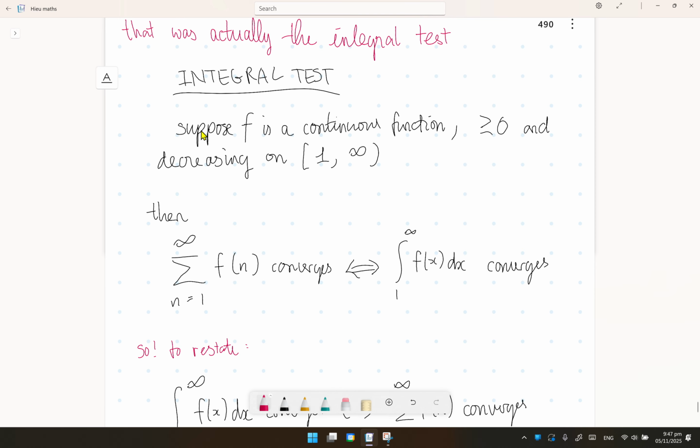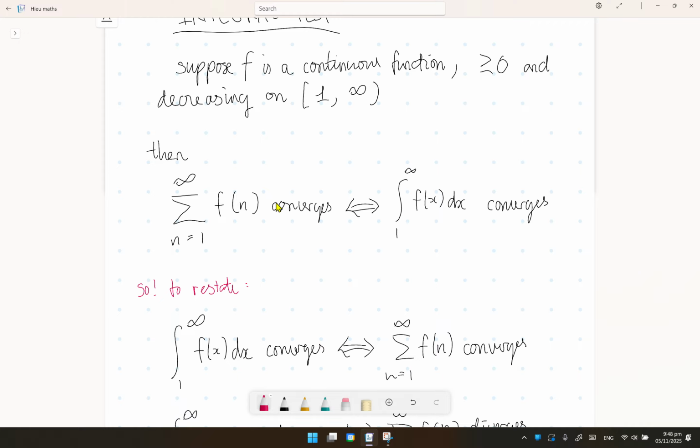So suppose f is a continuous function and it's larger than 0 and it's decreasing on the domain 1 to infinity, then the sum from 1 to infinity of f(n), if that is convergent, then the integral from 1 to infinity of f(x) also converges.